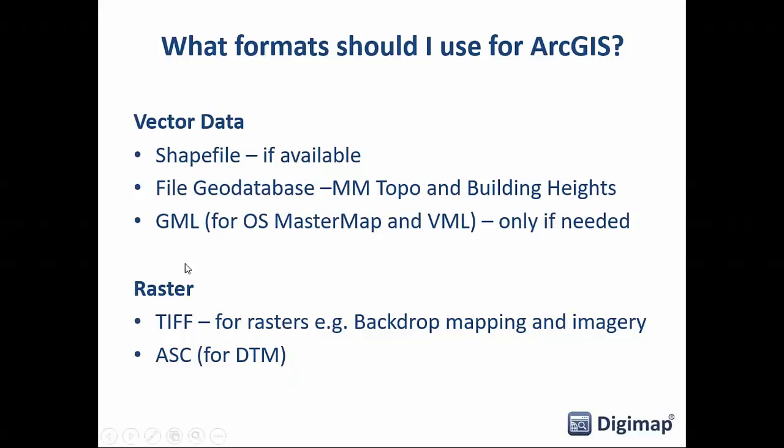So those are the formats you're looking for, whether vector or raster data. You're looking to see if these formats are available, and if so, that's going to make your life easier. We've done that for most datasets. There are a couple of datasets that we still haven't converted, some of the network datasets where we've only got the GML data, and if you're going to create a network, that's probably the best starting point anyway.